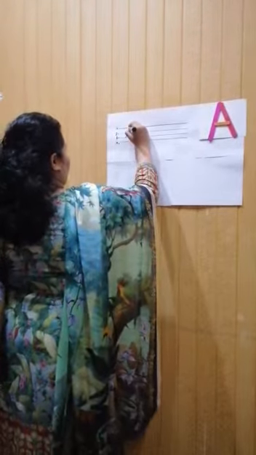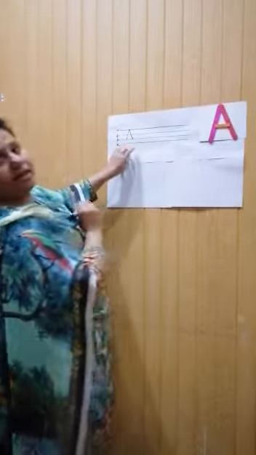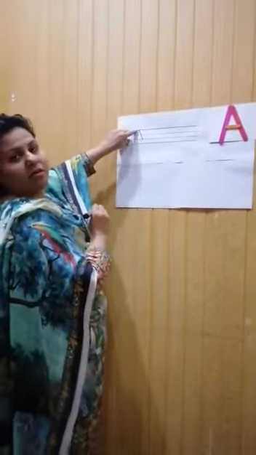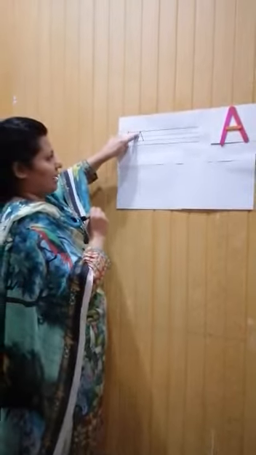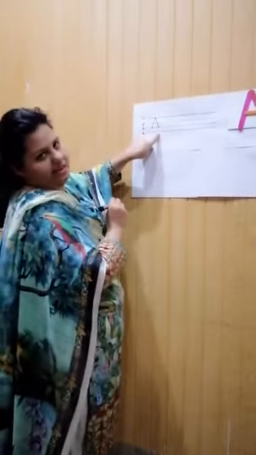And you have to draw another slanting line downwards. Okay, these are 2 slanting lines. You have to start from the first line and draw a slanting line and another slanting line.